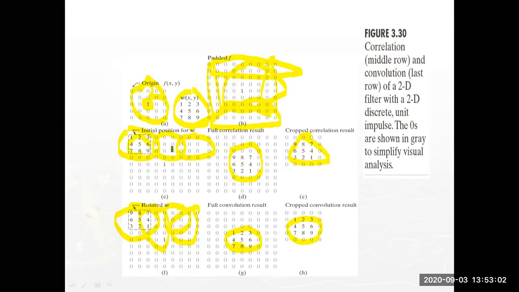Definitely we get 0 and 0. At the center of the one we get a value, 9, 8, 7, 6 and so on. Then crop. After that, rotate the window and perform the multiplication, and you get the value at the center of the image. Then crop again. With this we complete the correlation and convolution process for two dimensions.